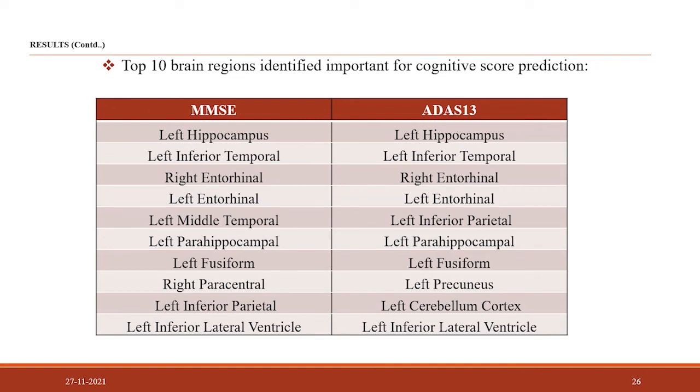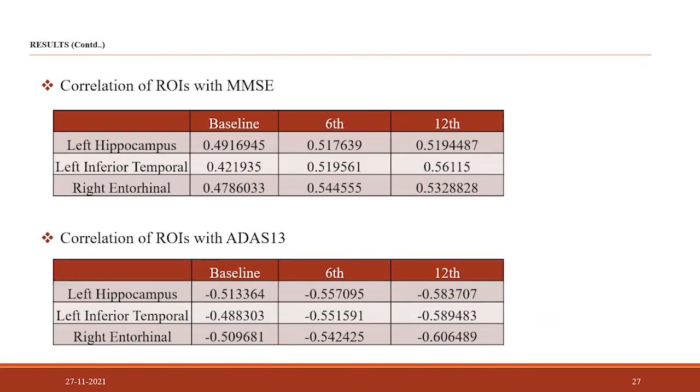Among these, the top three regions are studied further to understand the correlation of the ROI with the MMSE score. The correlation of left hippocampus with the MMSE score at baseline, 6th and 12th month, the left inferior temporal, and the right entorhinal at baseline, 6th and 12th month is also studied.